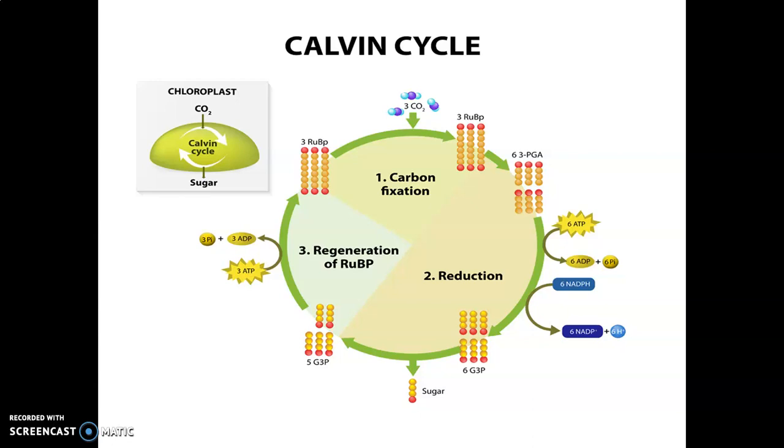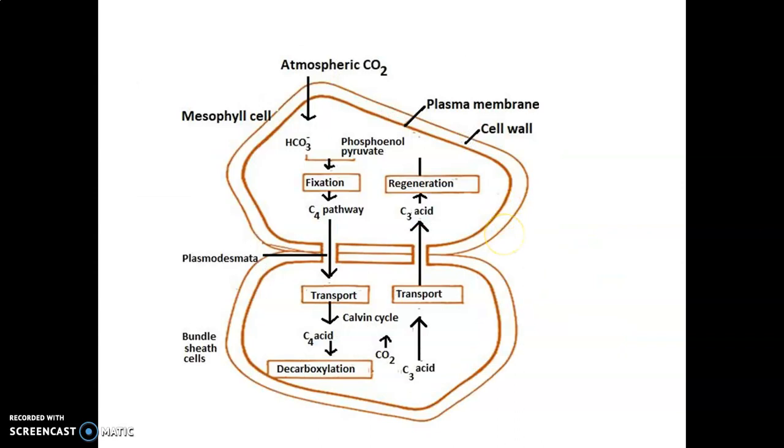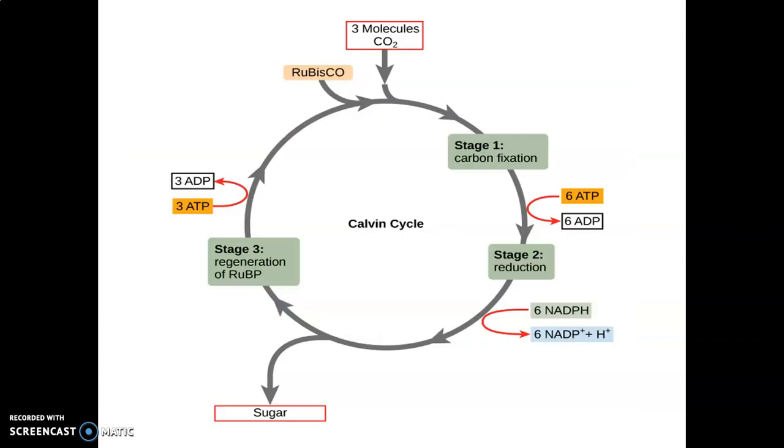This reaction is catalyzed by the enzyme RuBP carboxylase, which results in the formation of 2 molecules of 3-phosphoglyceric acid. Since this enzyme also has an oxygenation activity, it would be more correct to call it RuBP carboxylase oxygenase. Okay, wait, I will show you the structure.